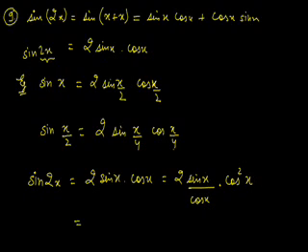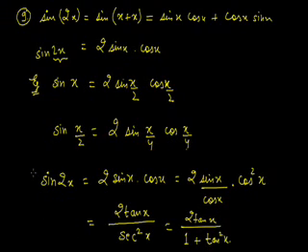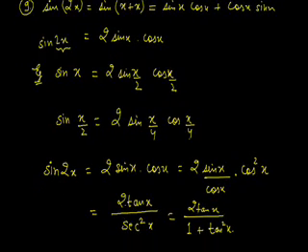So what will it become? We know that sin x upon cos x is tan x. So in the numerator you will have twice of tan x. This cos square x can be written as 1 upon secant square x. So we have in the denominator secant square x. But from the second identity, we know that secant square x can be written as 1 plus tan square x. So sin 2x can also be written as 2 tan x upon 1 plus tan square x.